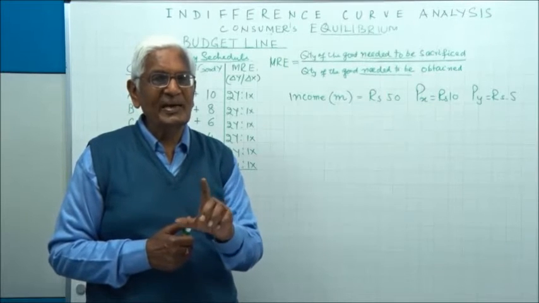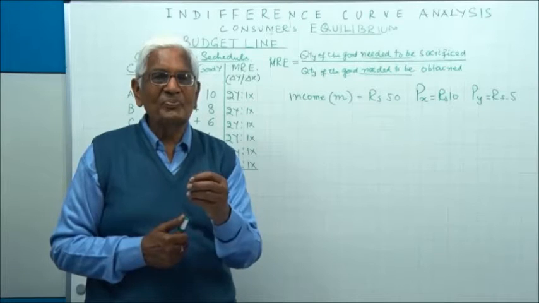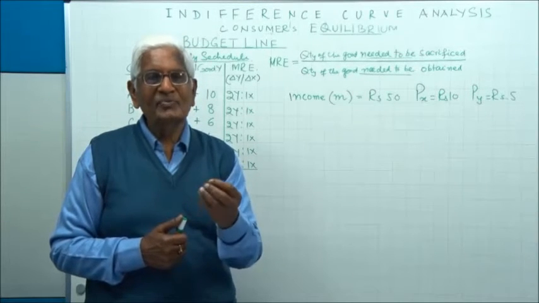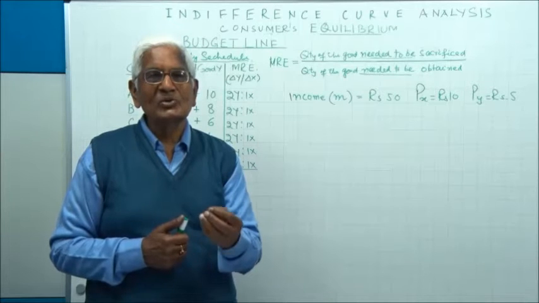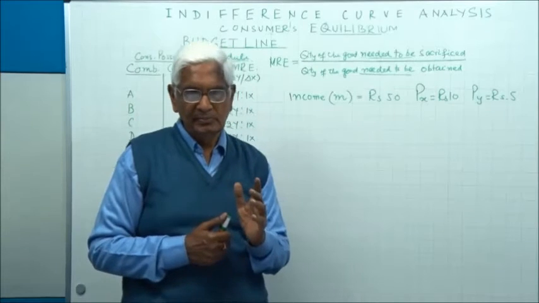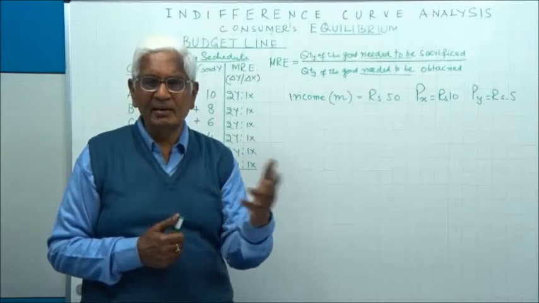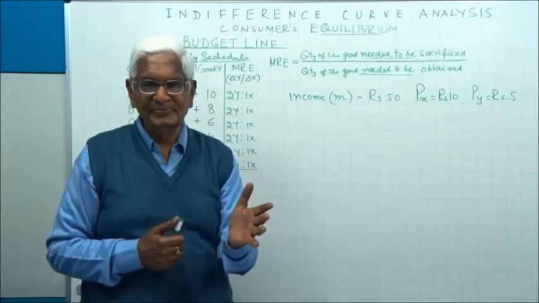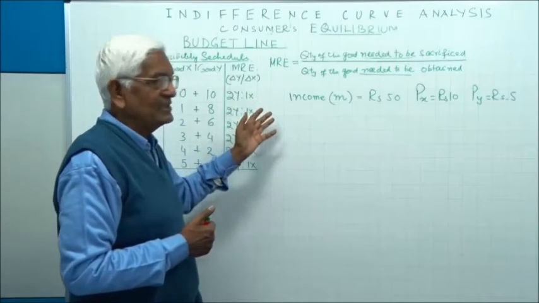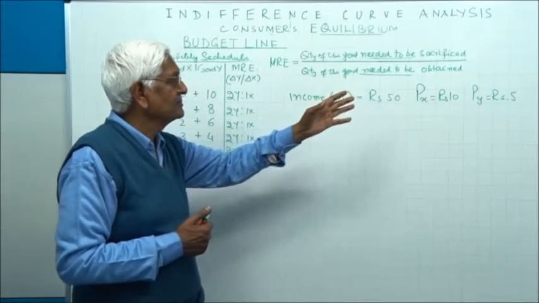Here it is market rate of exchange. अब एक्सचेंज शब्द इस्तेमाल किया गया, क्लियरली मार्केट में एक्सचेंज होता है कि अगर वो एक्सचेंज करने जाए तो हर बारी अगर वो 1X चाहता है तो उसको 2Y अपने परचेजेस में से कम करने पड़ेंगे. If he spends his entire income, and that is an assumption. तो इसको हम बोलते हैं market rate of exchange, and this definition is given here.